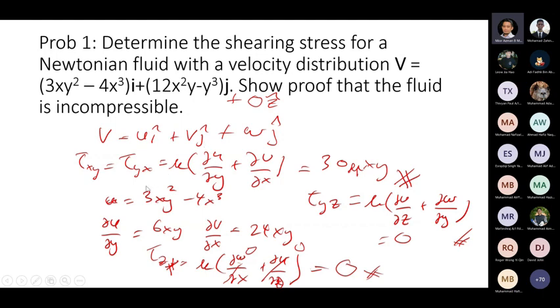You know the formulas for u and v here, so we just differentiate with respect to x and y. Maybe you try that one out. Let me try them out.